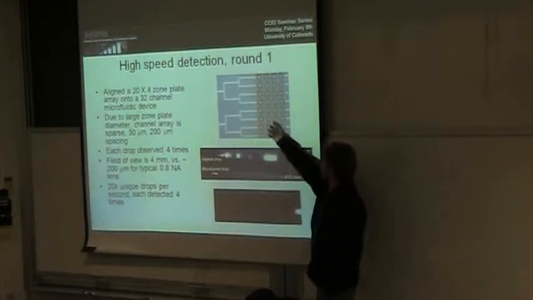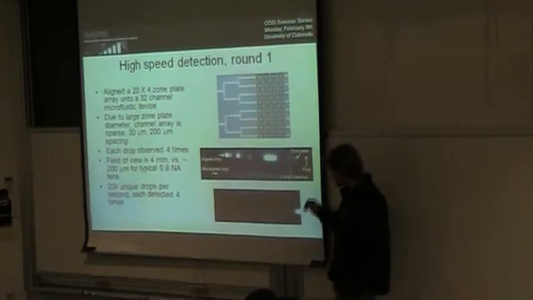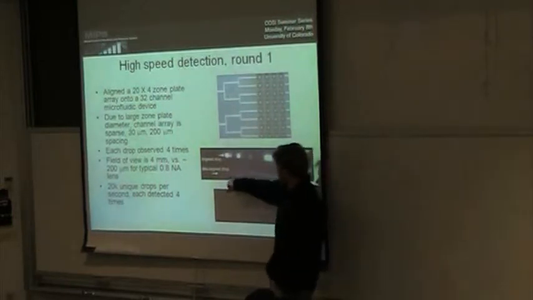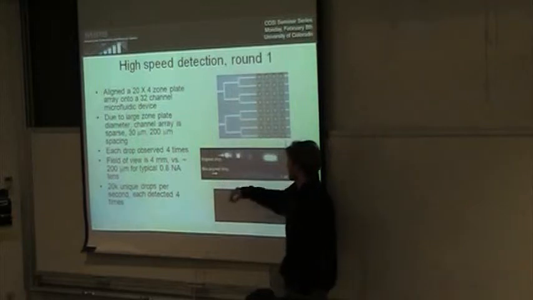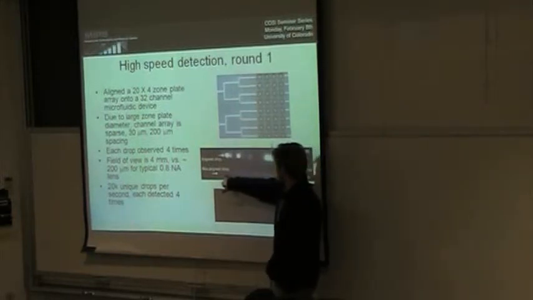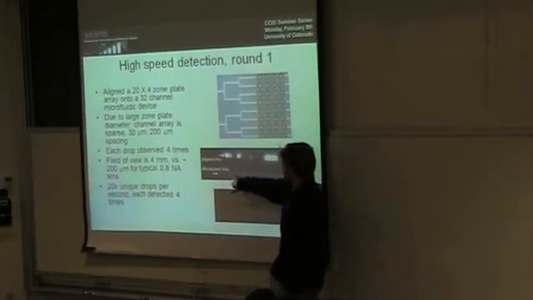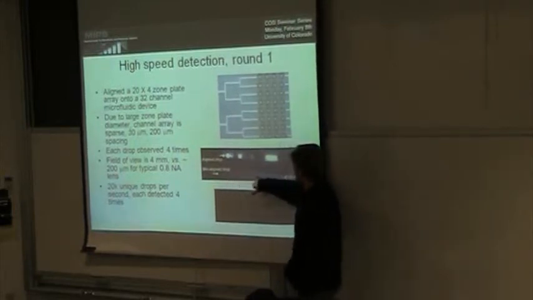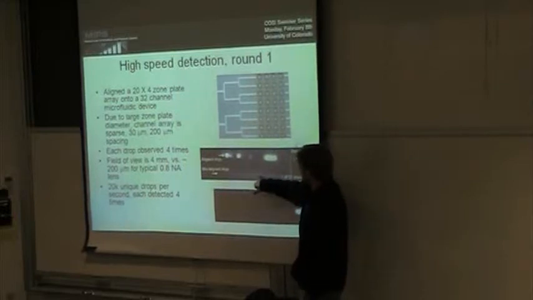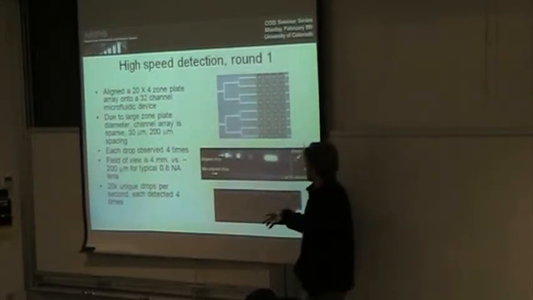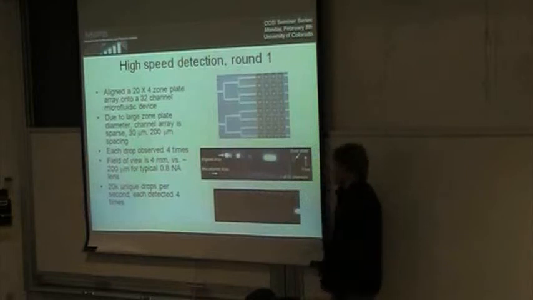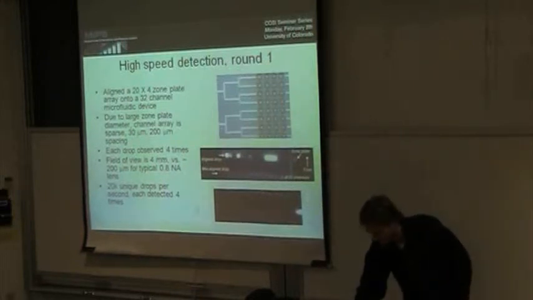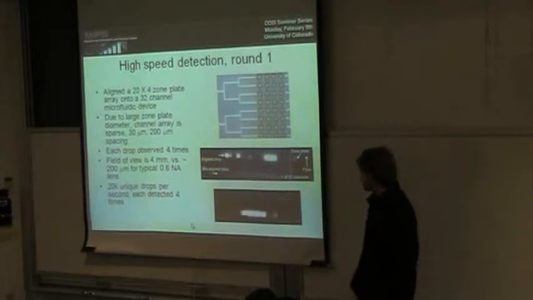We illuminate all of these zone plates with an excitation laser, image them onto a fast camera, and then if we put a lot of fluorophore on the drops and run the camera very slowly, we can actually see the drops even when they're not in the detection region of the zone plate. So these are drops that are just being imaged by the relay optics alone, but when they go through the detection region of the zone plate, they'll flash, they'll light up because of that 200 times enhancement, and this is what they look like.